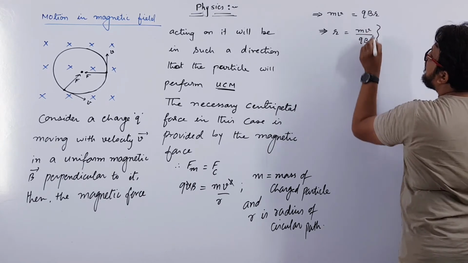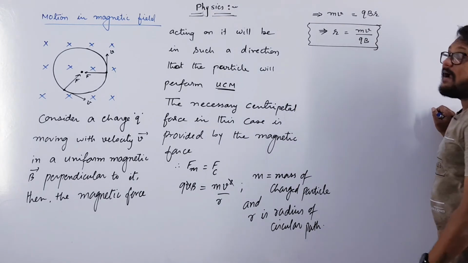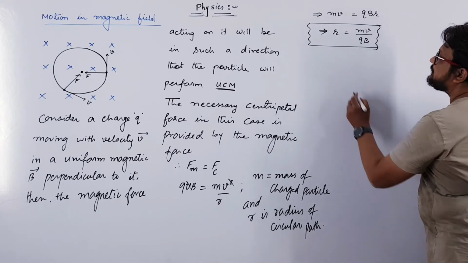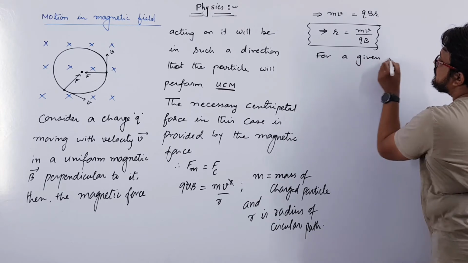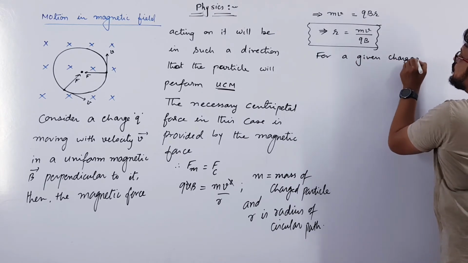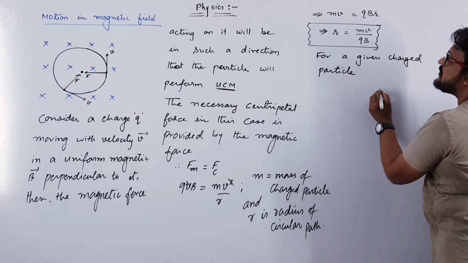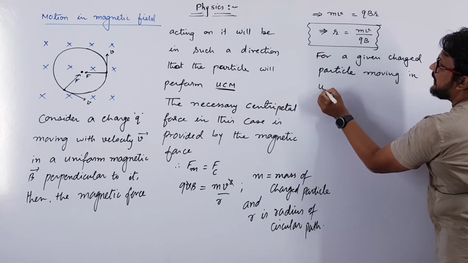This is the important relation, the most important relation. r equal to mv upon qB, that is the radius of the circular path for a given charged particle moving in a uniform magnetic field.